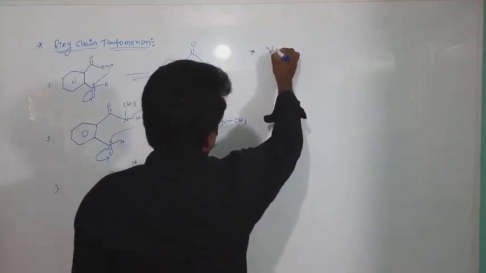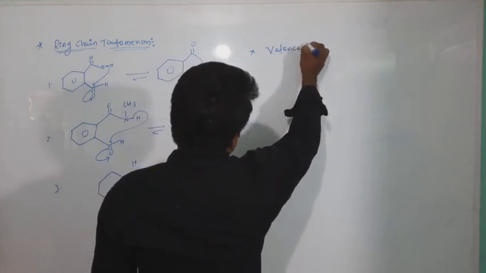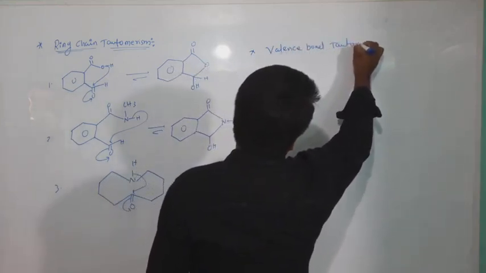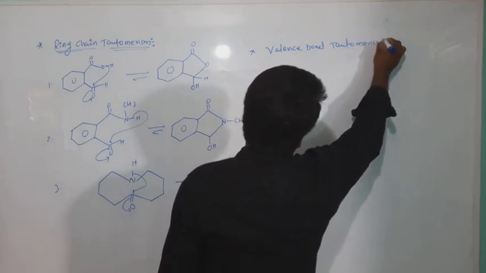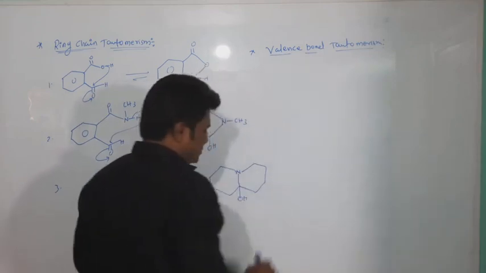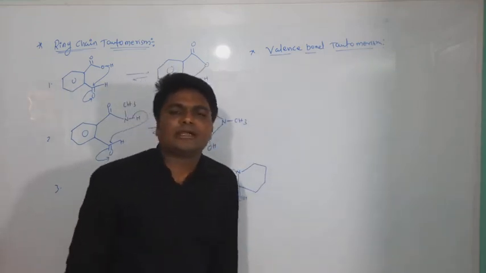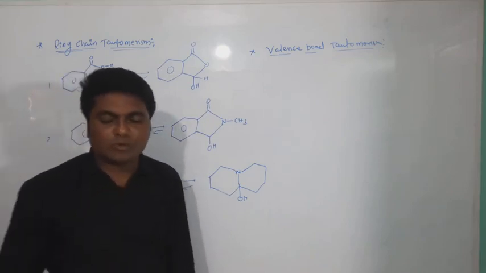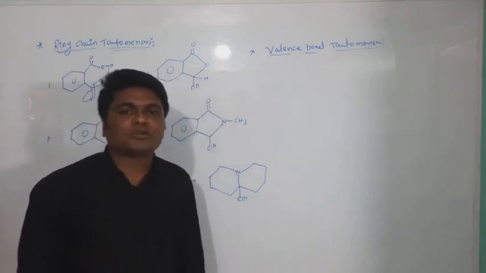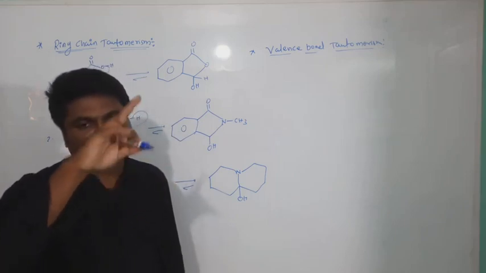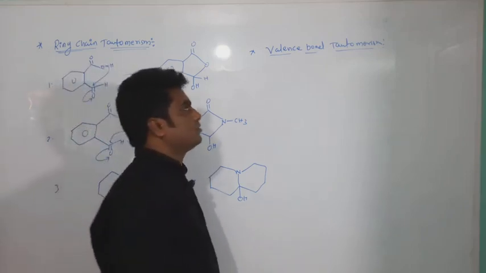Last, valence bond tautomerism. This valence bond tautomerism is formed by rearrangement of pi and sigma electrons. No hydrogen bond will break, only the rearrangement of pi electrons, delocalization of pi electrons and sigma electrons.